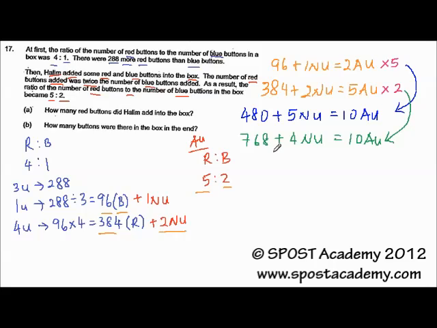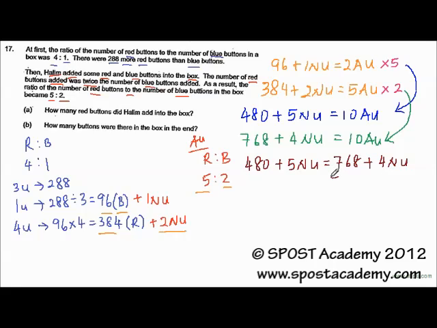So you can see that these two equations are now equal because they are both 10 after units. So 480 plus 5 new units is equal to 768 plus 4 new units. That is to say, 480 plus 5 new units will give us 768 plus 4 new units.